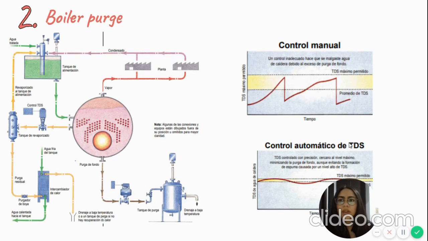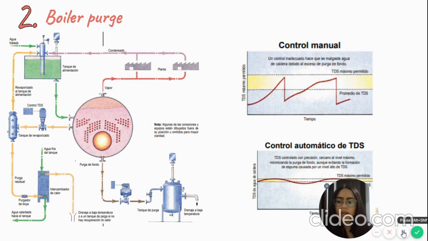Second, boiler purge. Boiler feed water contains dissolved solids, both from the water and chemicals from treatment. During evaporation, the concentration of total dissolved solids (TDS) in the boiler increases. If not controlled, foaming will occur in the steam space, with carryover and contamination of the steam transport by the system.